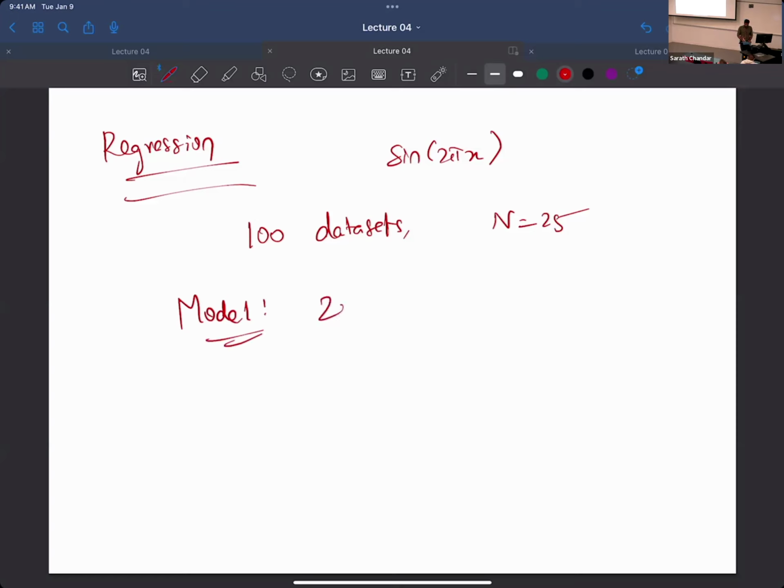Let's say we have 24 Gaussian basis functions used as the features.